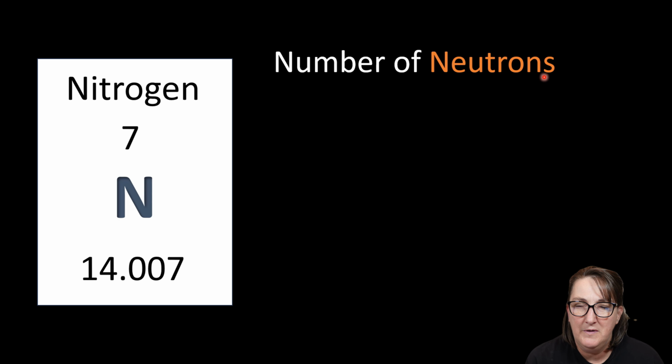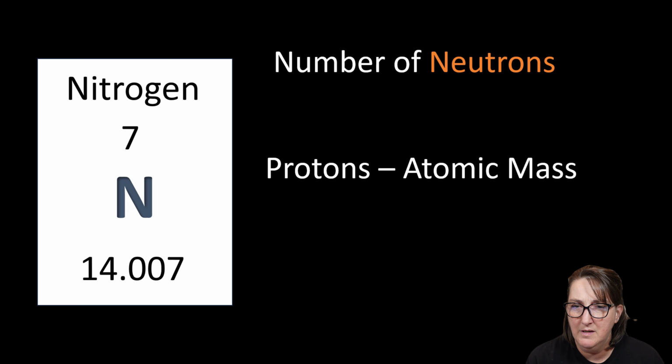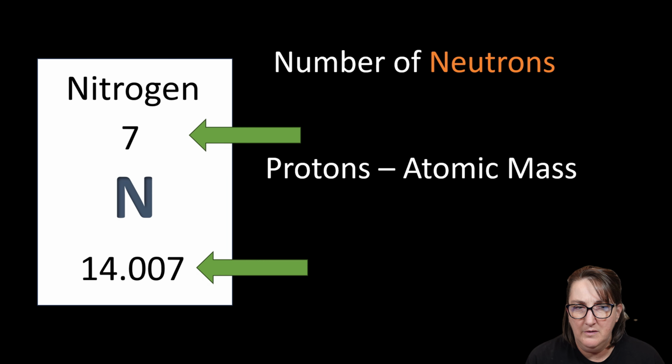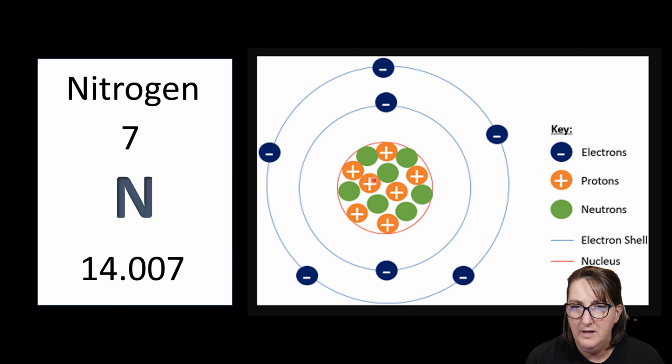And that's what we were figuring out in the other problems. So here, I have an atomic mass of 14. I subtract 7, I should have 7 neutrons. And I do. 1, 2, 3, 4, 5, 6, 7.